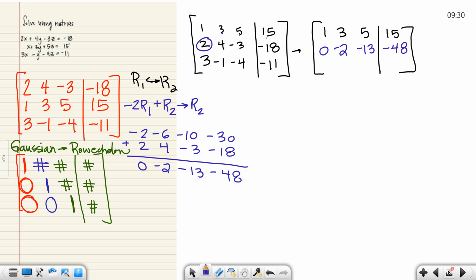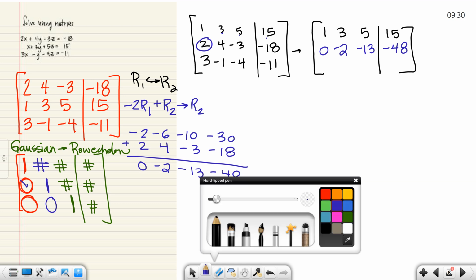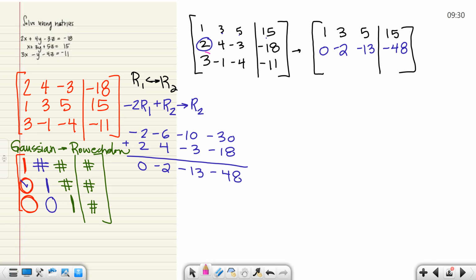Okay, so remember my goal was to get a 0 here, which I've done, and that's what I'm trying to do. Are there any questions to that piece? Okay, so now we're going to get rid of the 3. To get rid of this 3 right here, I'm going to go back to row 1, and I'm going to say negative 3 row 1 plus row 3 gives me a new row 3.